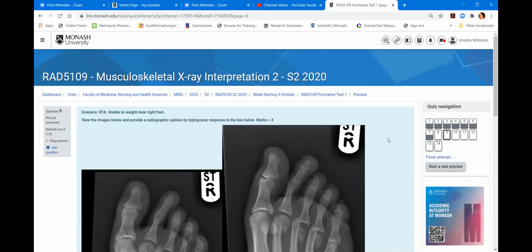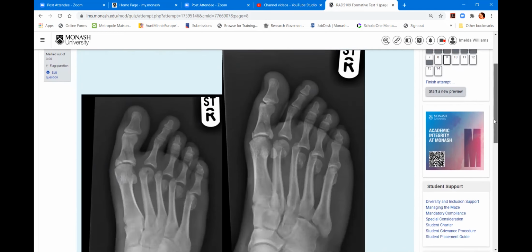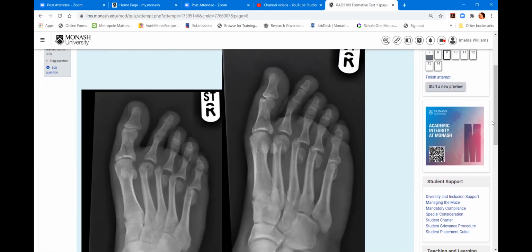Okay, the next case is a patient who was in a car accident and is now unable to weight bear on the right foot. If we look at the big toe, especially on the oblique view, we can see that there is a comminuted fracture.